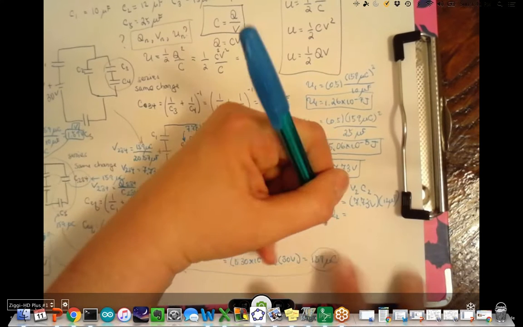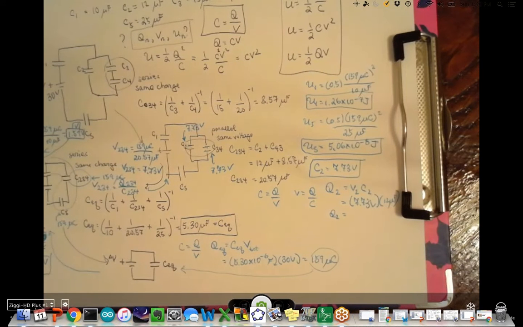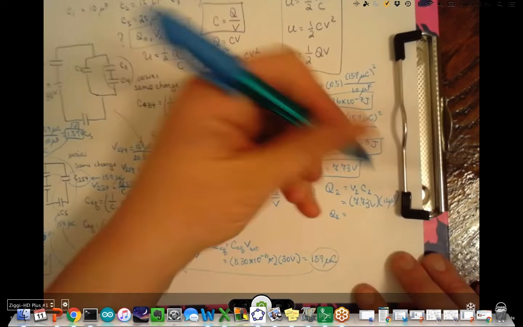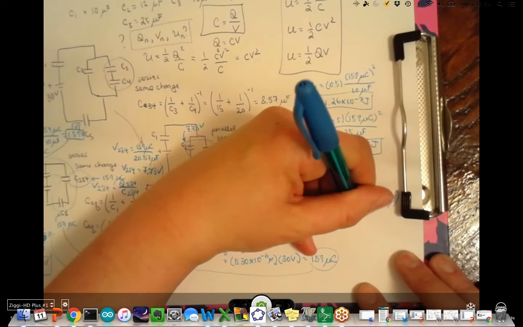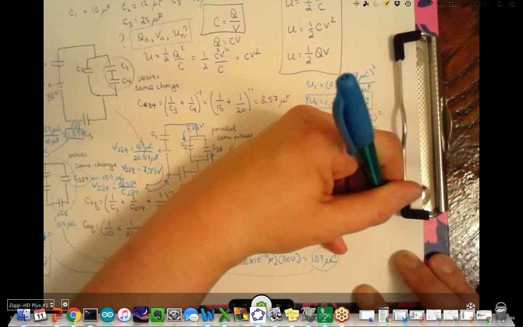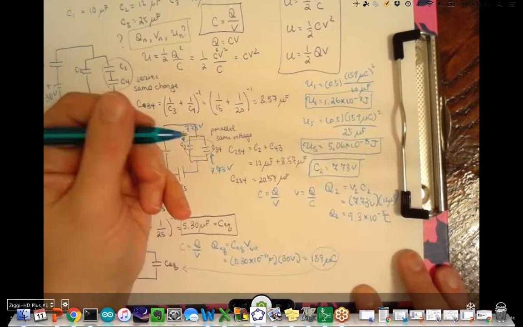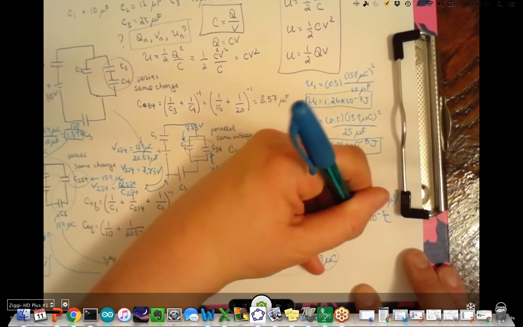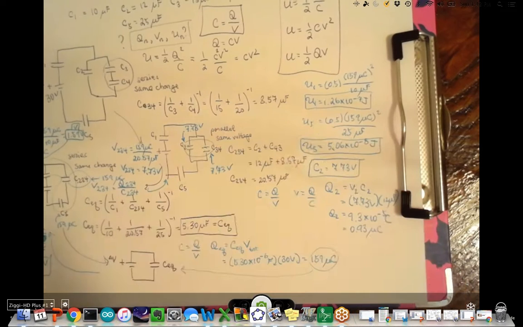So the charge on C2 is 7.73 times 12 e to the minus 6, which should be 9.3 times 10 to the minus 5 coulombs. So that's 0.93 microcoulombs.